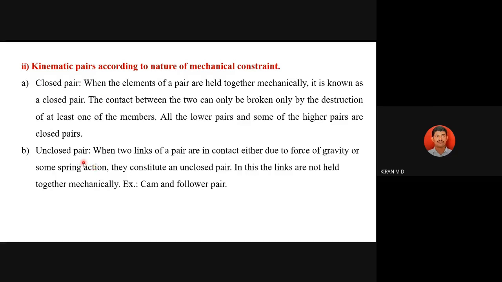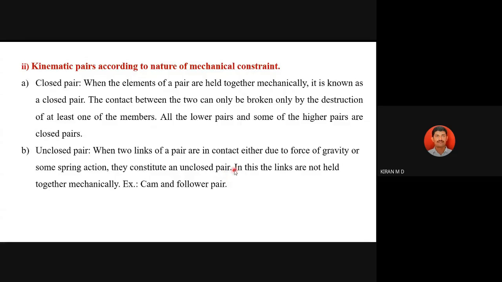Partially means that due to the force of gravity it has the contact, and spring action applies to unconstrained motions, where we use some additional component like springs to keep the contact. That contributes to the unclosed pair.